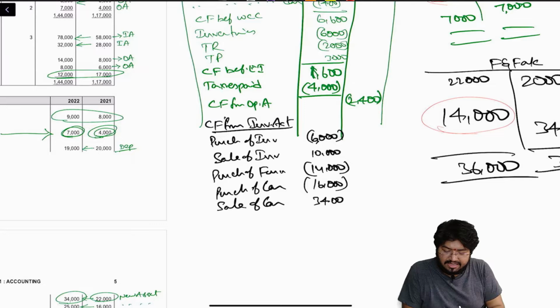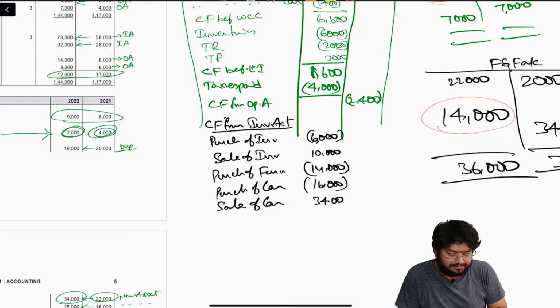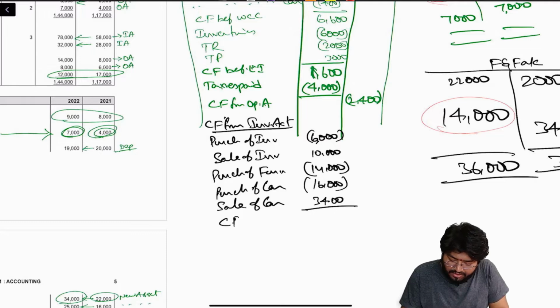So apart from this, is there anything else which is there in cash flow from investing activities? I think that's it. Okay. So please take total and tell me cash flow from investing activities. Can you please tell me the net impact?